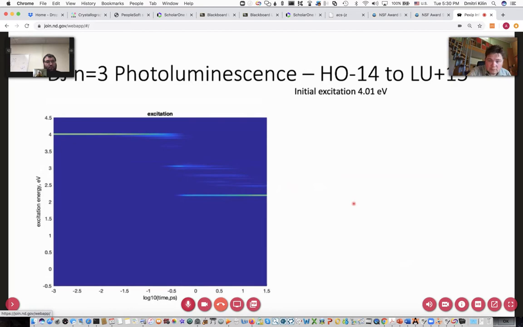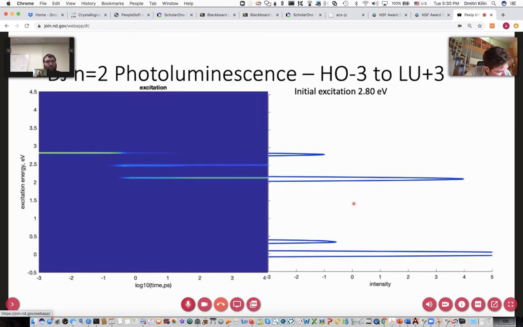I have a question. In your previous studies, is this intensity scale in log scale? Yes, it's log. All the intensity scales are in log for what I'm showing.